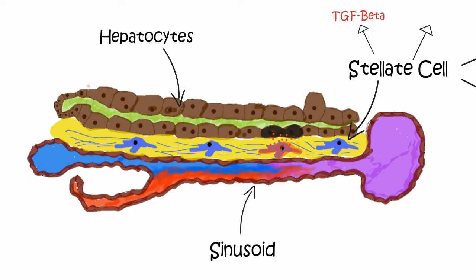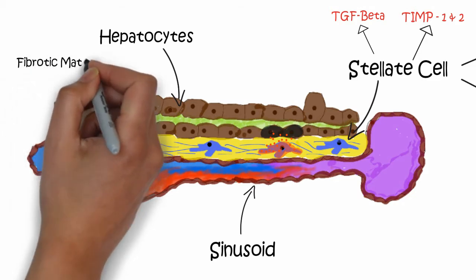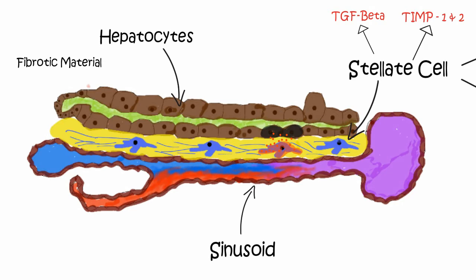Furthermore, it secretes TIMP1 and TIMP2, naturally occurring inhibitors of matrix metalloproteinases, which prevents them from breaking down the fibrotic material in the extracellular matrix. And finally, it forms the scar tissue.